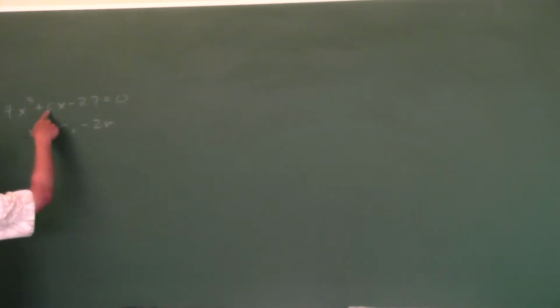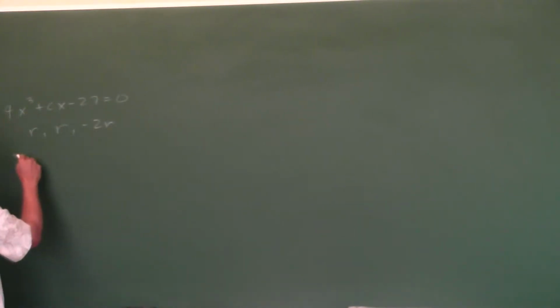Okay, now, what is the significance of c over 4? What is that equal to? What did we learn yesterday? Negative b over a is the sum of the roots. That's how I label these things. What is c over a equal to? Multiplying them 2 at a time.